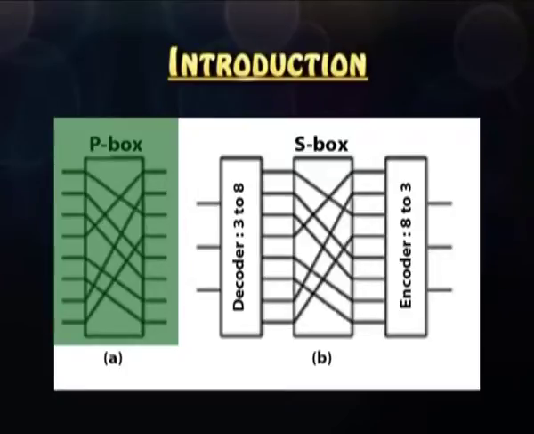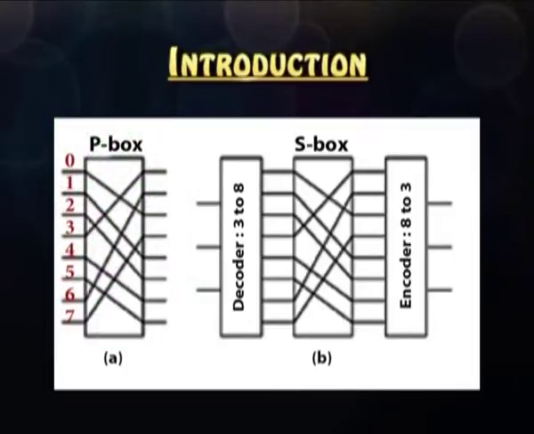If the 8 bits are designated from top to bottom as 0, 1, 2, 3, 4, 5, 6 and 7, the output of this particular P box is 3, 6, 0, 7, 1, 2, 4 and 5. By appropriate internal wiring, a P box can be made to perform any transposition.